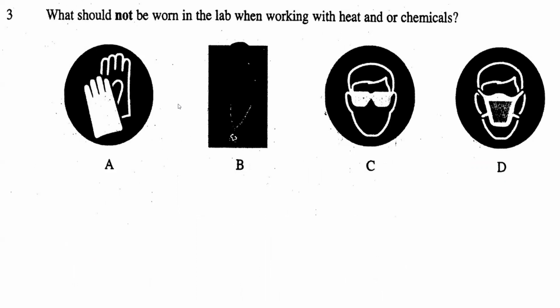What do you think the answer is? A, B, or C? B. Why B? Because of the necklace. Very good, because of the necklace. You don't want to be wearing a necklace when you are in the lab, right? Yes, sir.